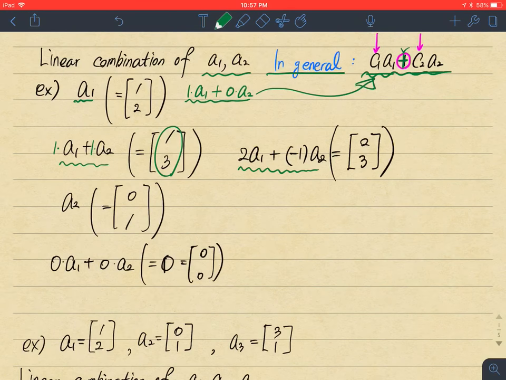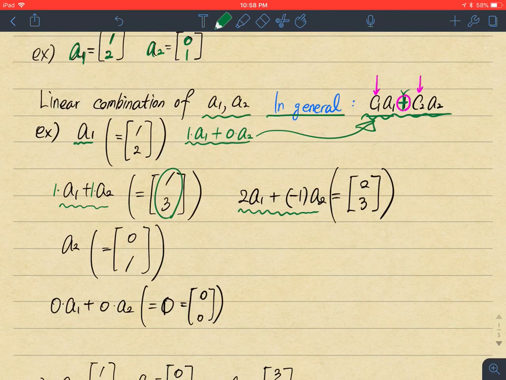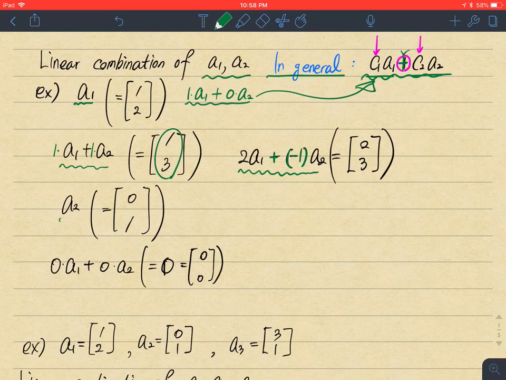Here is another example. 2a1 minus 1 times a2. This is also some kind of linear combination of a1 and a2. This one is also a linear combination of a1 and a2 because this is none of a1 and 1 of a2, right?